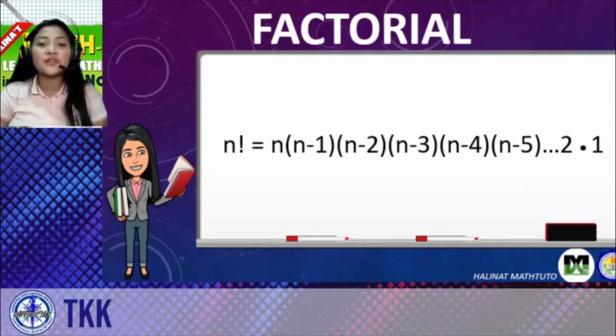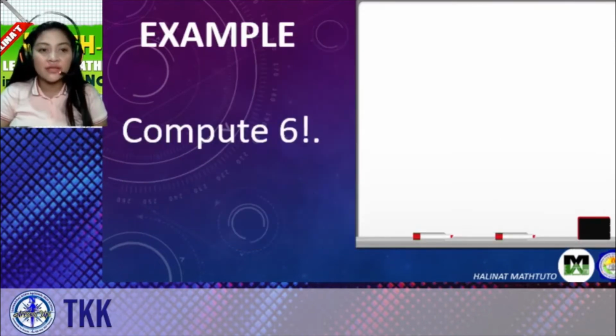Therefore, n! is equal to n times the quantity n minus 1 times the quantity n minus 2 times the quantity n minus 3 times the quantity n minus 4 times the quantity n minus 5 and so on, times 2 times 1. Let's have an example.